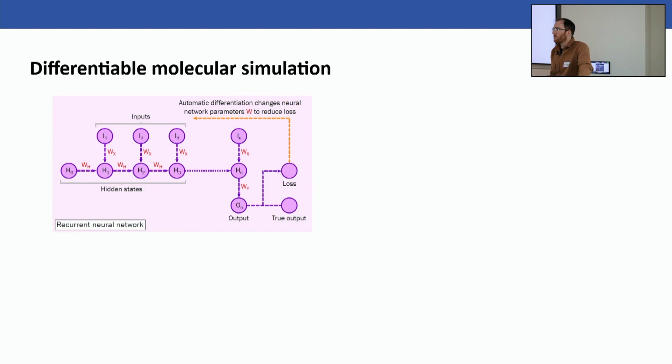If you imagine you have a sentence of words and you want to classify whether it's a happy or a sad sentence, you can think of this model going over each word in turn and updating its hidden state, and then at the end you compare the output to the true output, which you know from labeled data, which gives you a loss function. And because you've implemented this in some amazing AD framework like Enzyme, you can just click backward and it gives you the gradients of that loss with respect to the parameters.